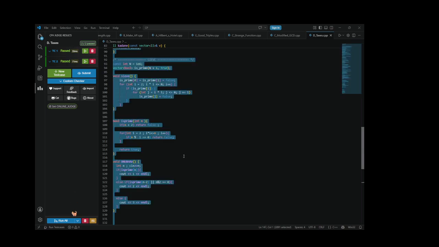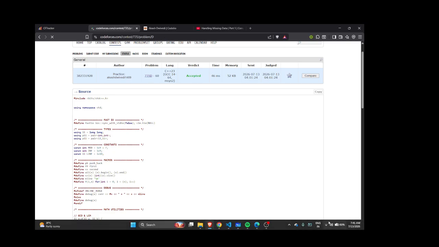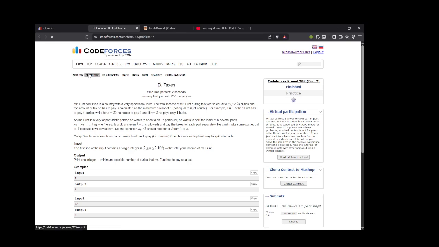Control A, Control C, move back here. This is the submission that I have already done, so let's submit it again. Internet connected, yes it is. So let's submit this problem.